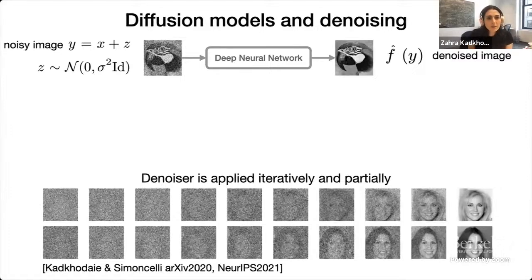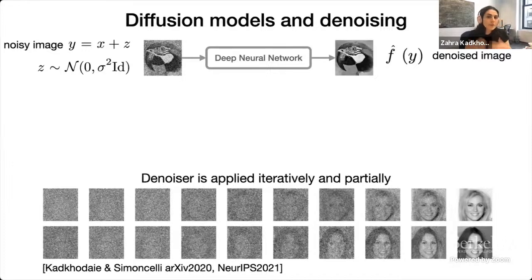So here in my notation, they take the noisy image Y, which is the sum of a clean image X and a sample of Gaussian noise Z. And then they return an estimate of the clean image, which is f hat of Y here. And the standard deviation of the additive noise changes in a wide range of values. It goes from 0 to 1, for example.